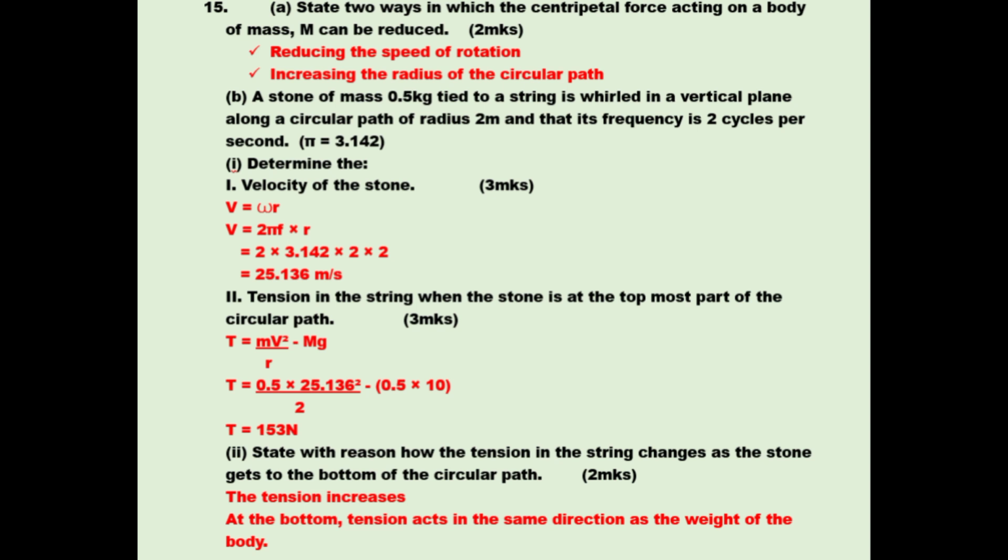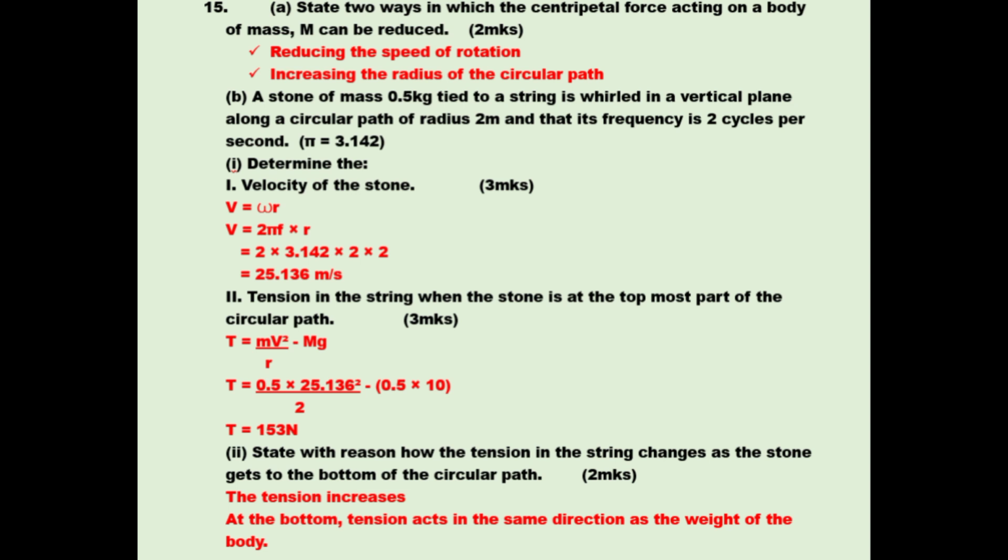Mass is 0.5 kilogram, linear velocity we calculated there, 25.136 squared, then divided by radius 2 meters, minus mg, 0.5 times 10. That is centripetal force minus weight at the topmost part, which gives you tension as 153 at the topmost part.